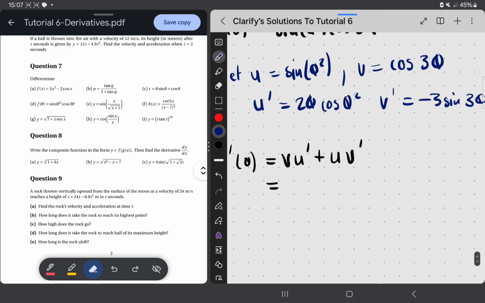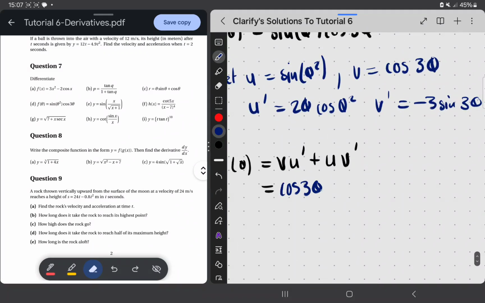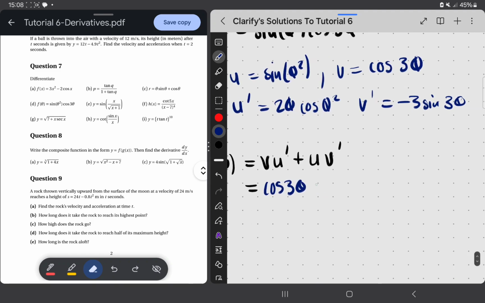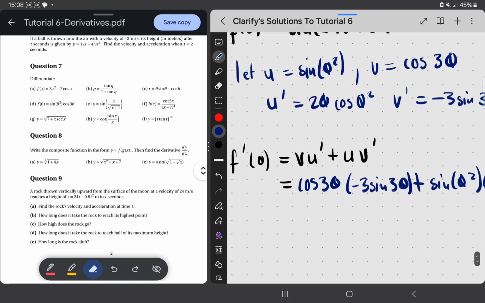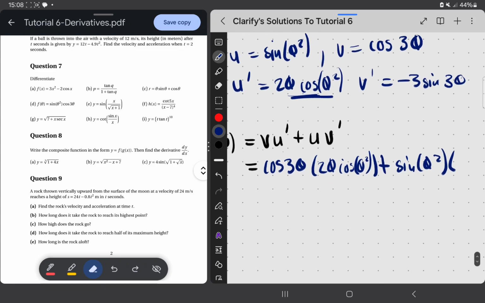So v is cos 3θ times u prime, which is 2θ cos(θ²), plus u, which is sin(θ²), multiplying v prime, which is negative 3 sin 3θ.